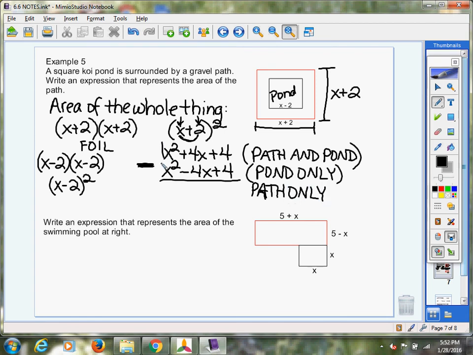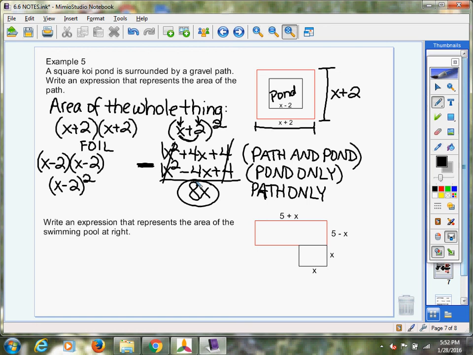So 1x squared minus 1x squared, they just cancel. 4 minus a negative 4, that's 4 plus 4, which is 8x. And then we've got 4 minus 4, which cancels out to be 0. So the area of the path is 8x. That's the area of the path, okay?